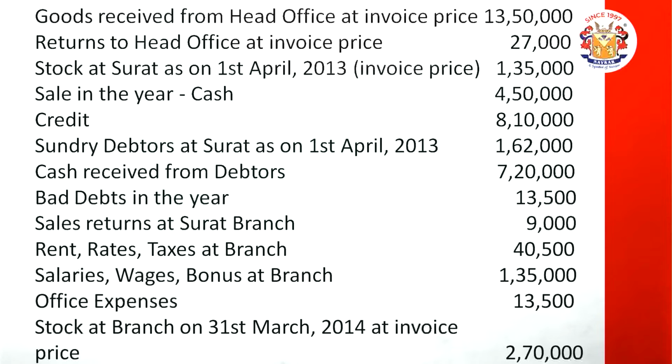Very simple reason, because closing branch debtors will be disclosed at adjusted figure. But collection from debtors will also be part of remittance by branch to HO, and hence remittance will be disclosed in branch account.